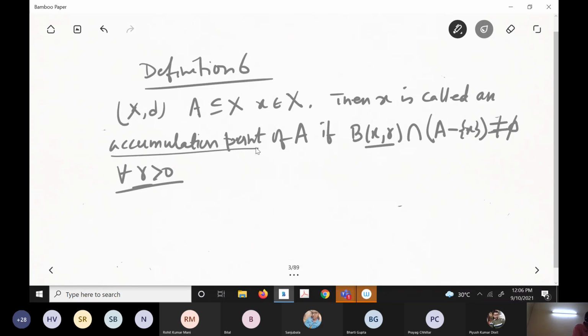Got it? Already I explained what will be an accumulation point and what won't be.